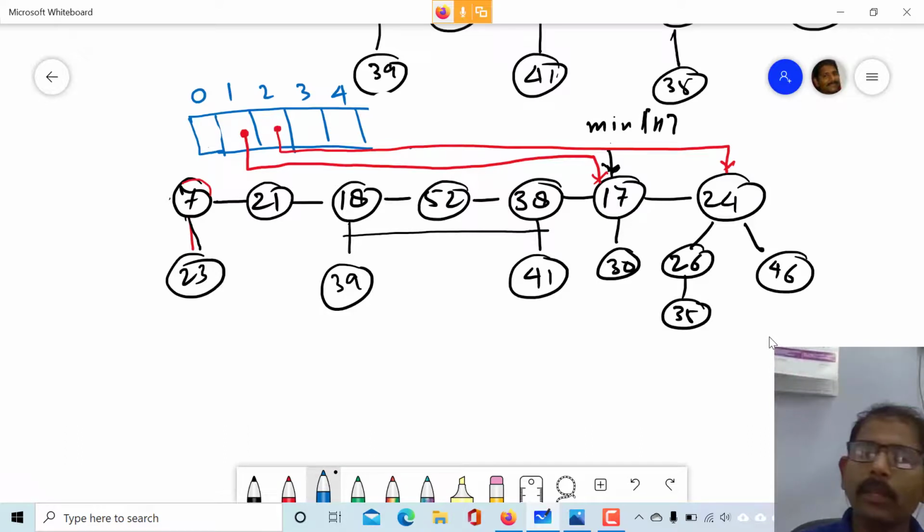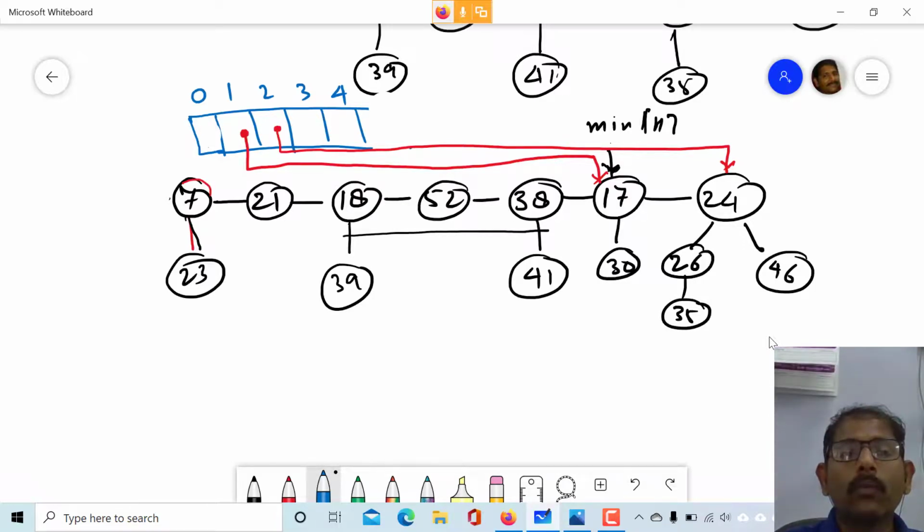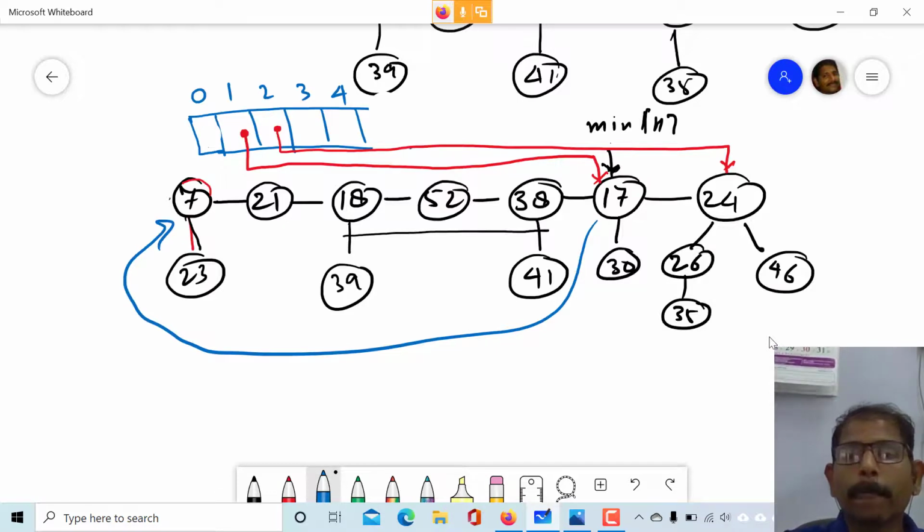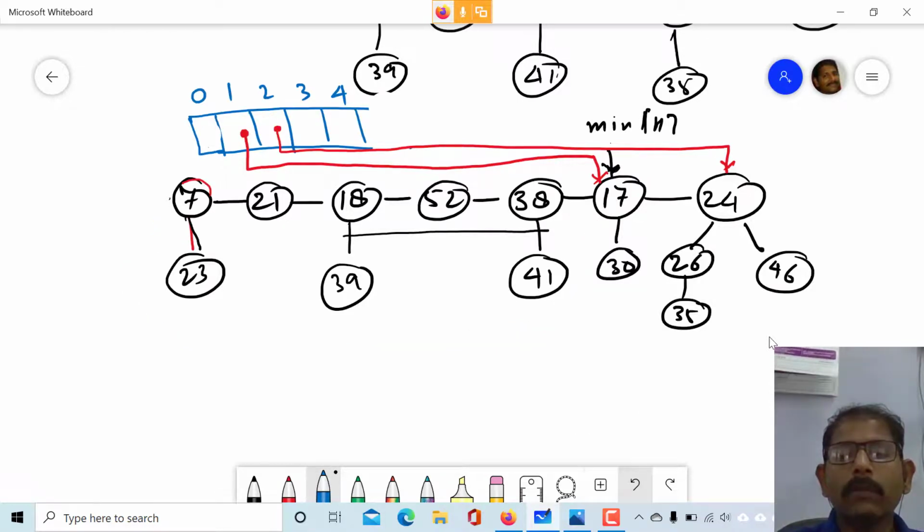Again the same thing will happen, that means the higher node value will come down to the lower value. So 7 is the lower value, therefore 17 will be shifted here and it will become the child of 7. So 17 and 30 will be shifted here, 17 with 30.